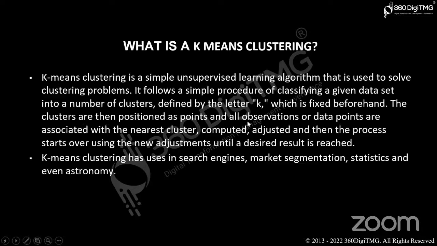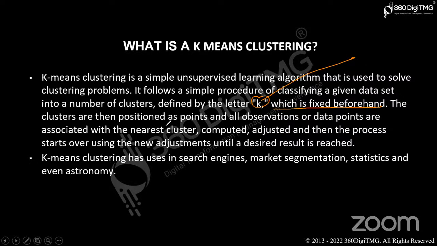Now, let us proceed further. K-means clustering is a simple unsupervised learning algorithm that is used to solve clustering problems. It follows a simple procedure of classifying a given data set into a number of clusters defined by the letter K, which is fixed beforehand. You have to choose it beforehand.